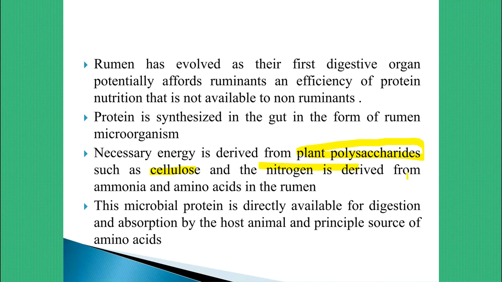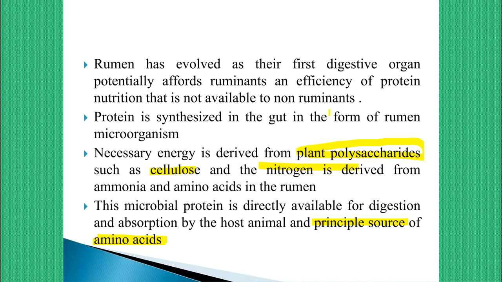So cellulose provides the carbon skeleton, along with ammonia and amino acids in the rumen. This microbial protein is directly available for digestion and absorption by the host animal, and is the principal source of amino acids to the ruminants.